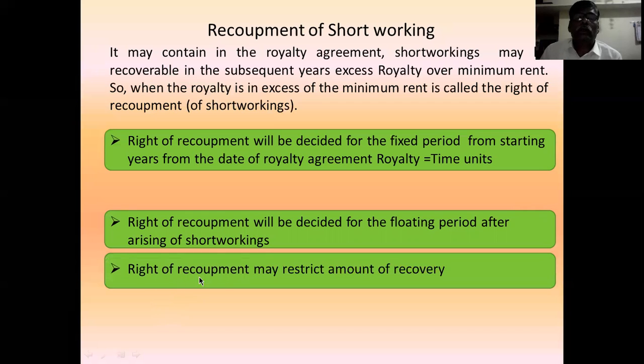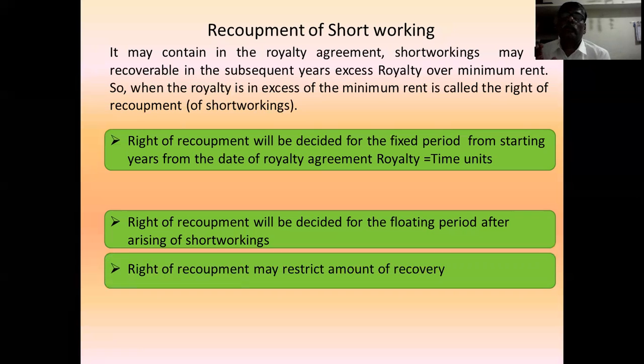Then, the right of recoupment may restrict the amount of recovery also. Along with these two, there is an additional condition. The lessor may restrict recovery to a certain fixed amount every year, not more than that.